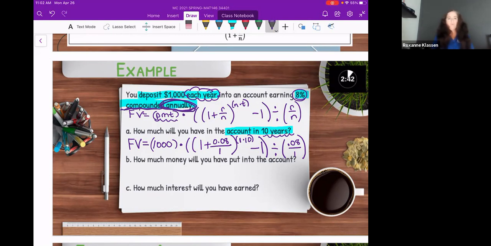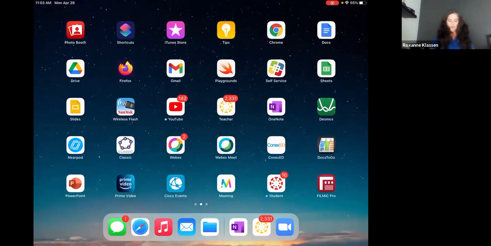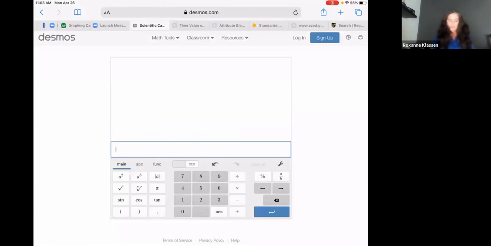Okay, so now we're getting ready to just do calculator button pushing, right? So I'm going to go over here to my Desmos calculator. I'm just going to clear the whole thing. I'm going to type it in just like I wrote it in my formula. So 1,000 in parentheses times a fraction, and in my numerator, parentheses, 1 plus 0.08 divided by 1, and I'm going to arrow over and end those parentheses and hit the exponent button.